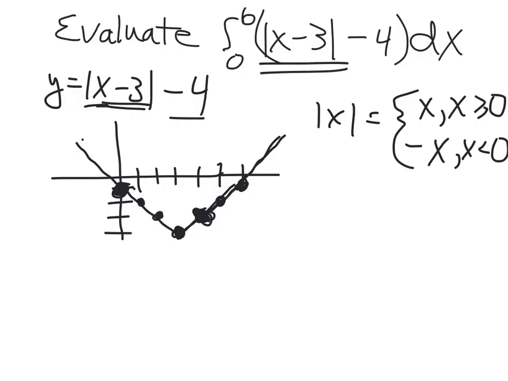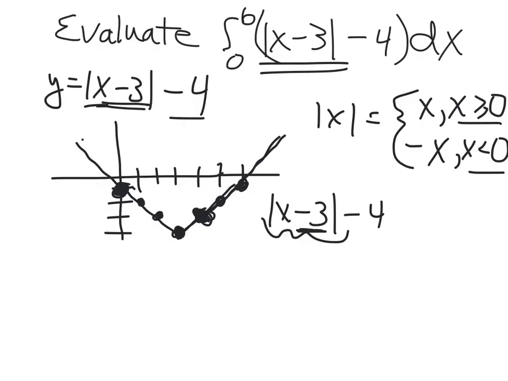Now, to be able to write this function here, absolute value of x minus 3, that's not going to be split in terms of 0, but where is it going to split up? At x equals 3.